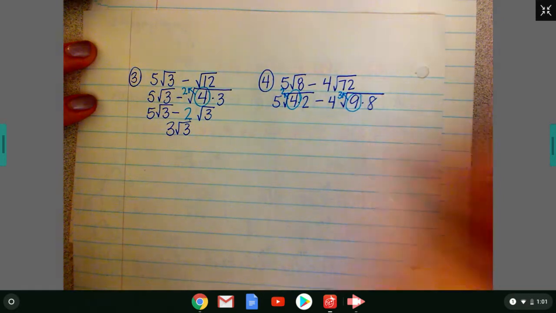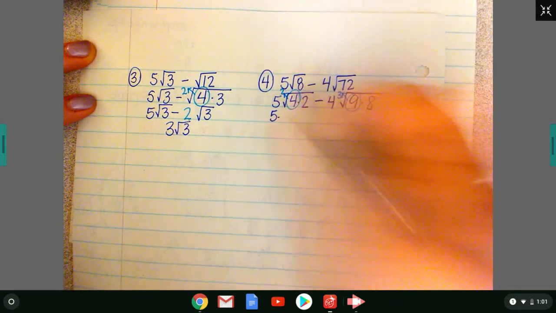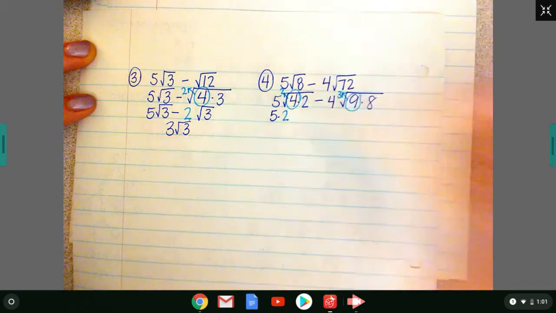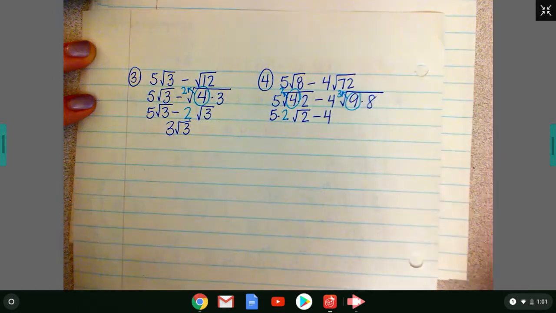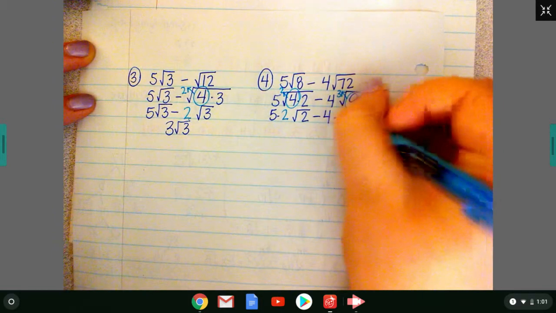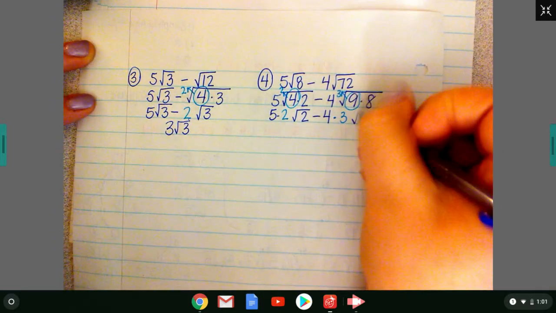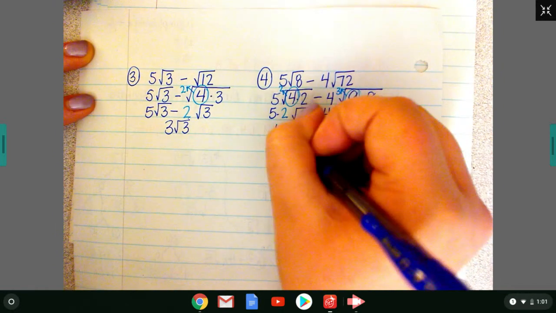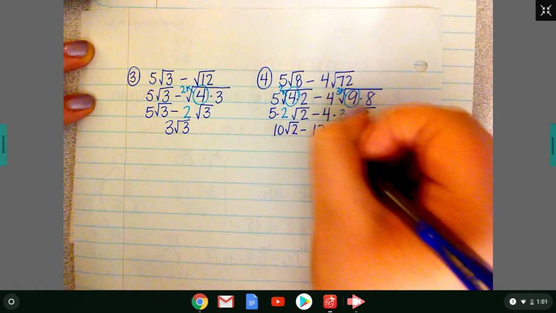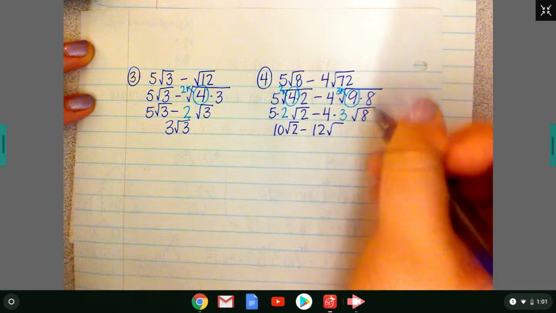So I'll be left with 5 on the outside, and a 2 now came out of that one. The other one, 4 was on the outside, and then a 3 came out. And then the 8 was stuck on the inside. So I've got 10 root 2 minus 12 root 8.